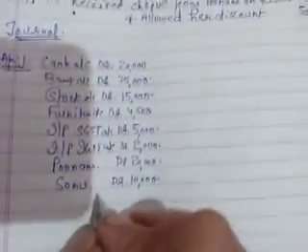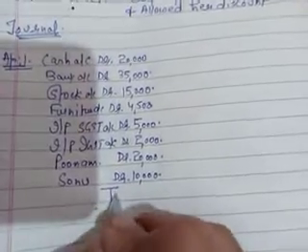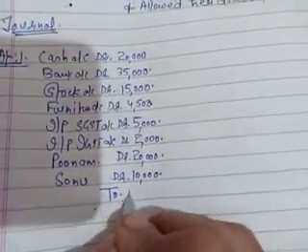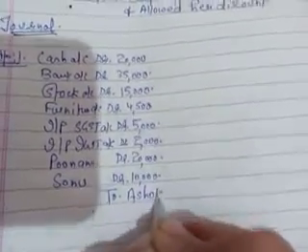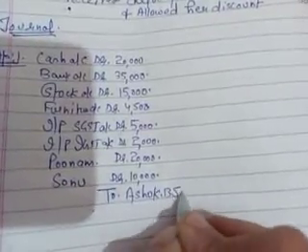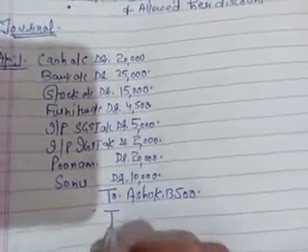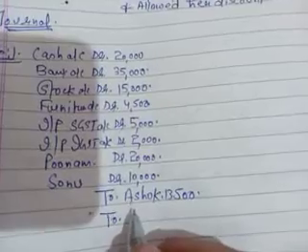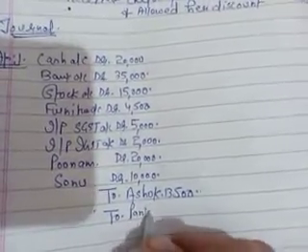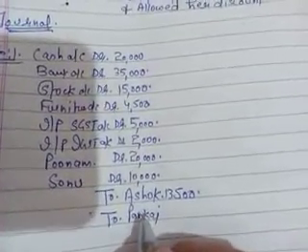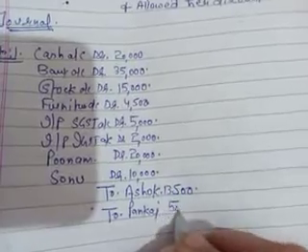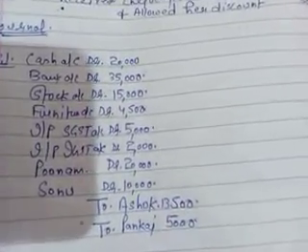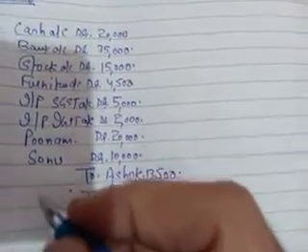Okay, now the liabilities. Liabilities were to Ashok 13,500. To second creditor is Pankaj, 5,000. Okay. Now how to balance this opening journal entry?